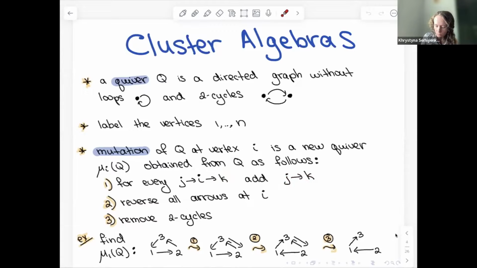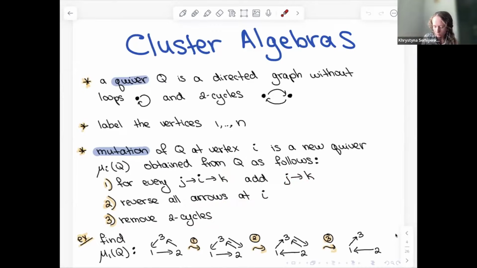In step 2, you're going to reverse all arrows at i, so you change the direction of the arrows. And step 3 is, in steps 1 and 2, you possibly could have created some 2 cycles, and we don't like 2 cycles, so we're going to remove a maximal collection of those. So at the end, you produce a quiver which has the same number of vertices, which still has no loops and no 2 cycles, so again, it's an allowed quiver.